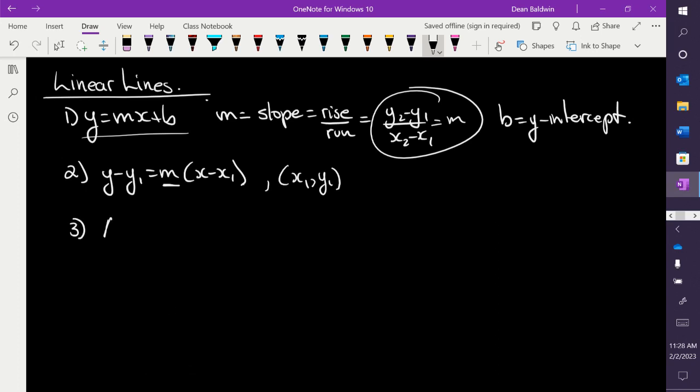And that is standard form or general form. Remember that? Ax plus by plus c is equal to 0? No. It doesn't have a lot of value in grade 10 because it doesn't really give you the slope. You have to manipulate it to get slope and y-intercept.